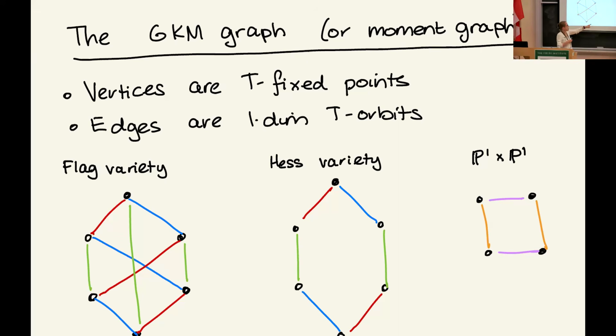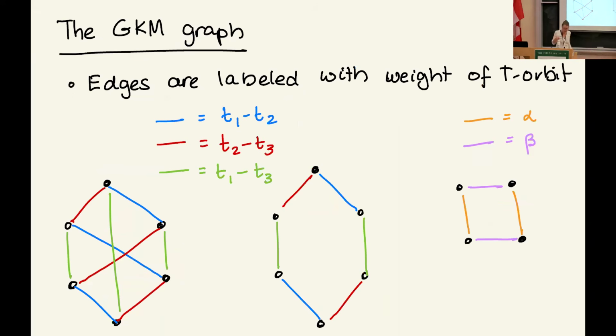So here are some particular examples. Here's the flag variety for SL3, which we saw earlier. Here's this particular regular semisimple Hessenberg variety that we also saw earlier. And here, that little square there is a P1 cross P1. So different ways of making this work.